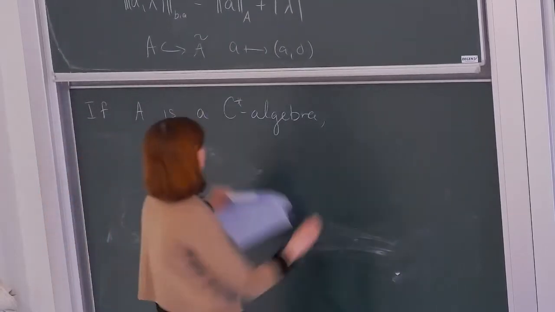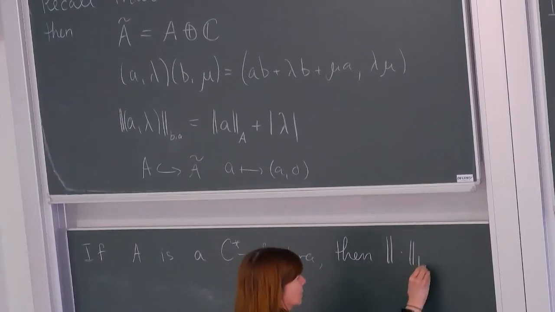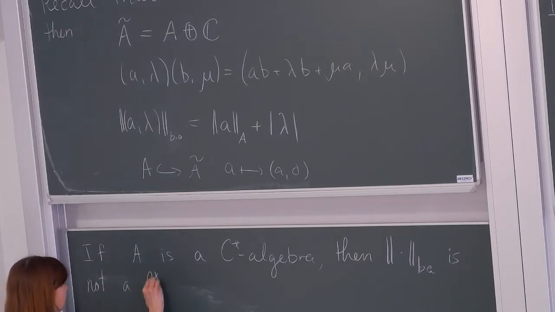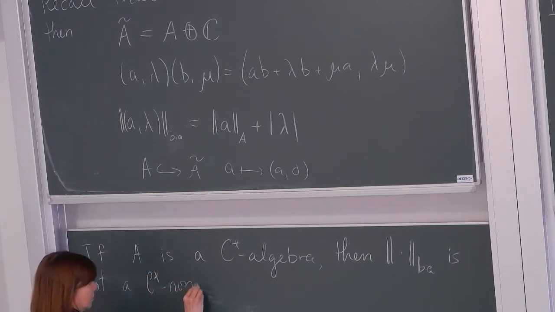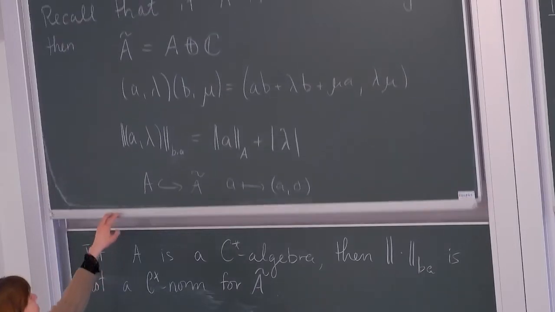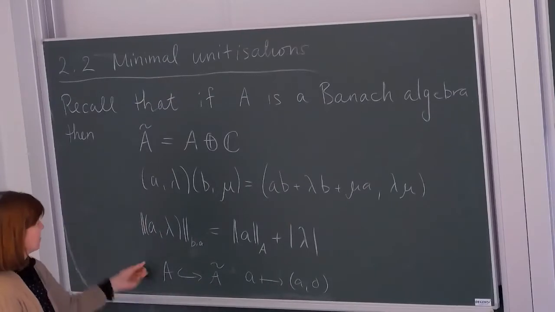Okay. This is not a C-star norm. So we have to be a little bit more clever to define a norm. So, okay, first of all, it's clear that we can just define the star operation in the obvious way.